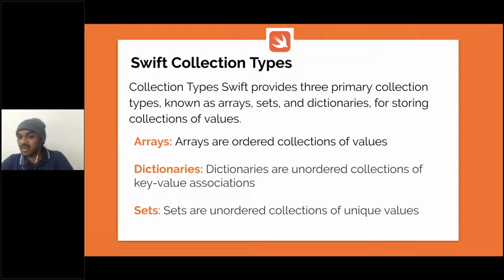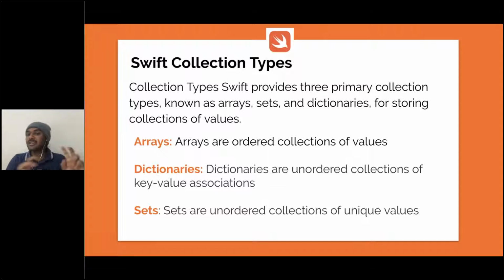Sets must have unique values, but you can't guarantee the order. If I add elements in one particular order in an array, I'm 100% sure I will get the elements in the same order. But in sets, when you add elements in one particular order, you can't guarantee you will get them in the same order. So arrays maintain ordered elements, whereas sets maintain unordered elements. In arrays duplication can exist, whereas in sets there is no duplication; unique values exist.